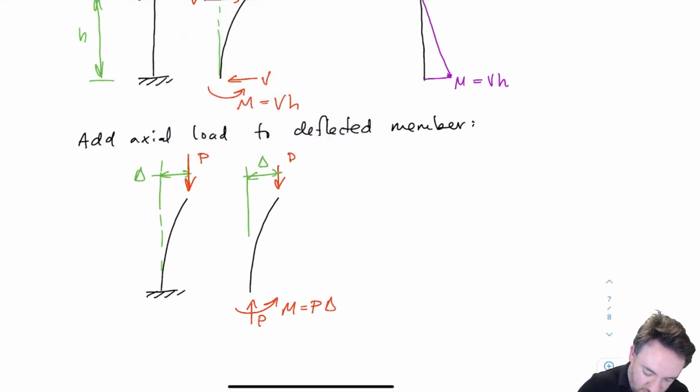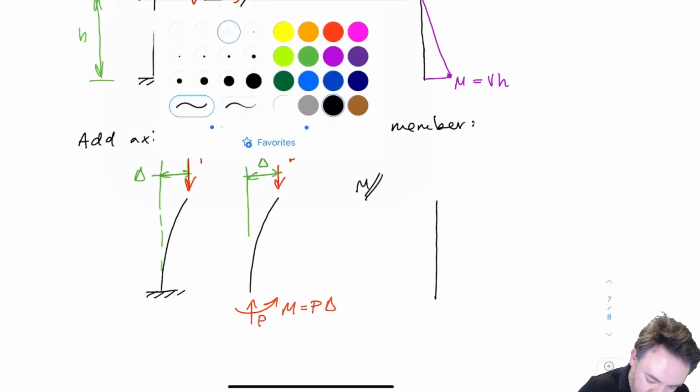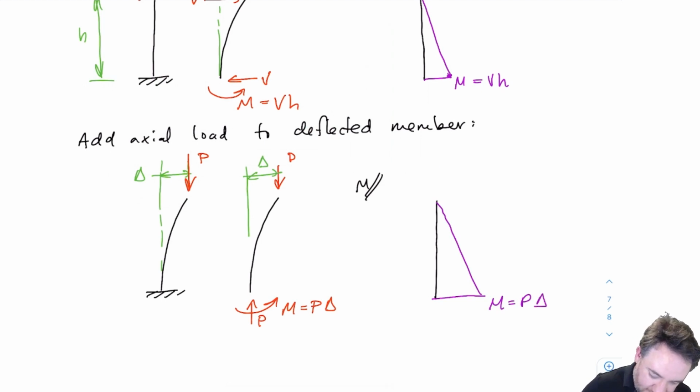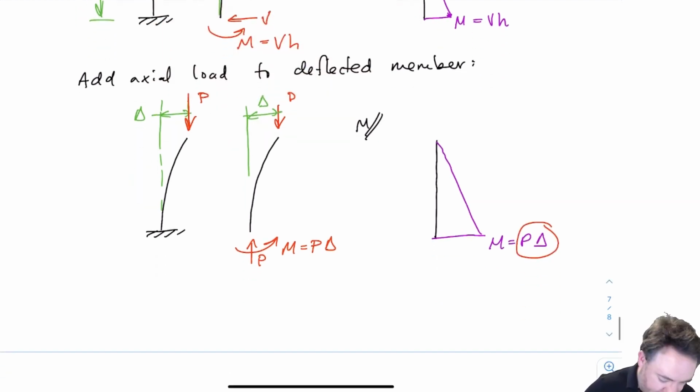And so if I now draw the moment diagram for that situation, it's going to look very much the same as before, but it's going to have a different value of moment, which is now the P times the delta. And this moment here is my amplification.